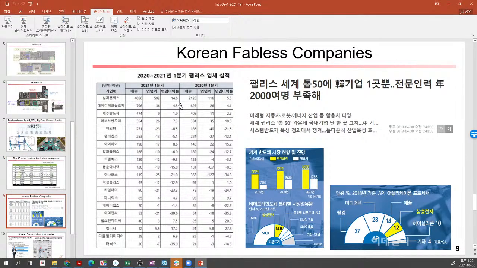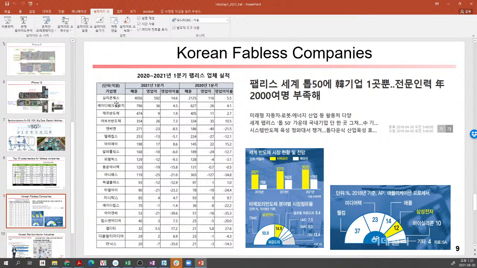If you look at the Korean fabless company list, we have Silicon Works at the top, and second is AD Technology, and so on. Silicon Works' name has recently changed to LX Semiconductor, which is owned by LG Electronics.